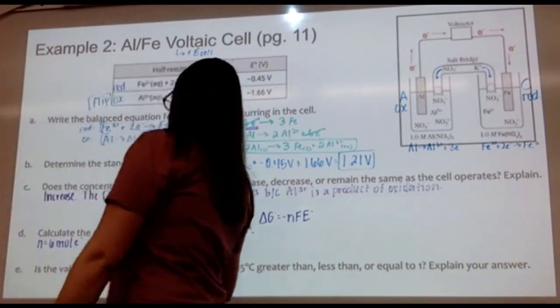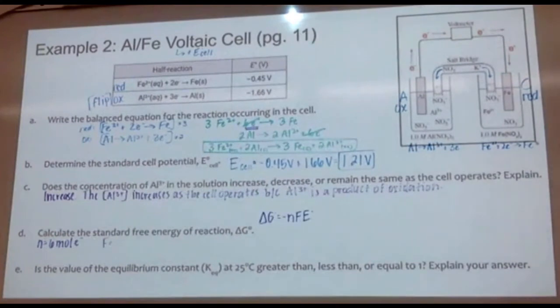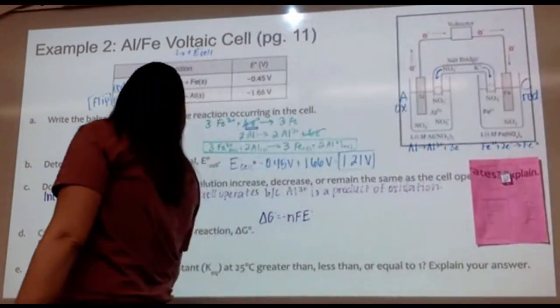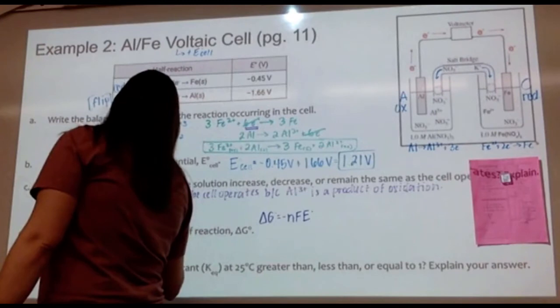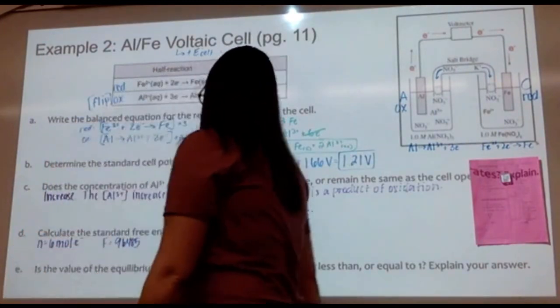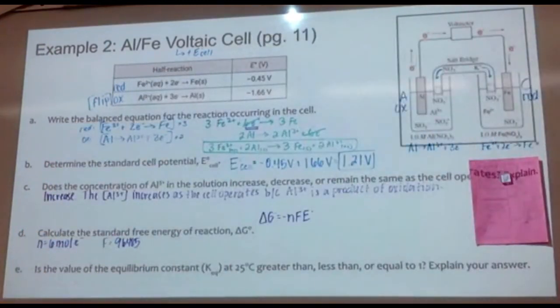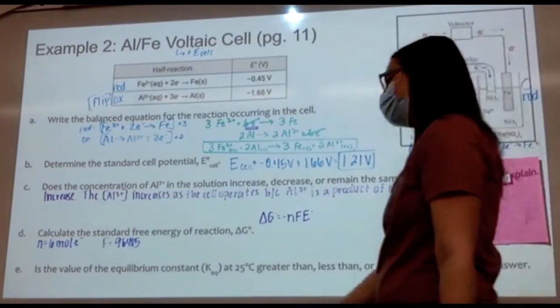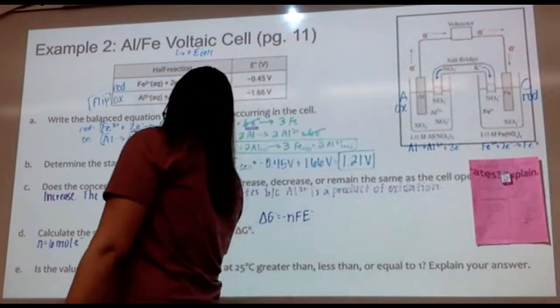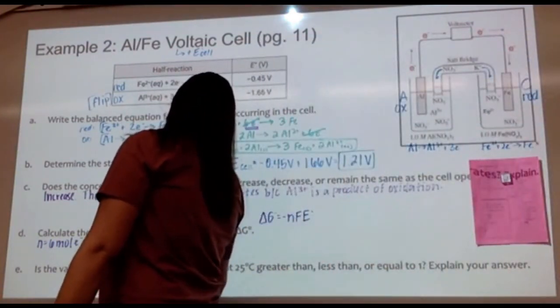F is Faraday's constant. That is on your equation sheet. So if you look on your equation sheet, F is 96,485. And the units are coulombs per mole of electron.